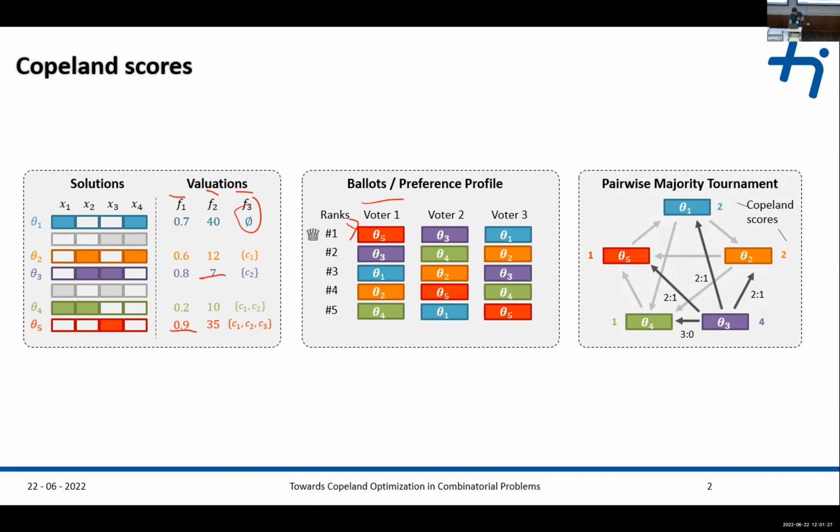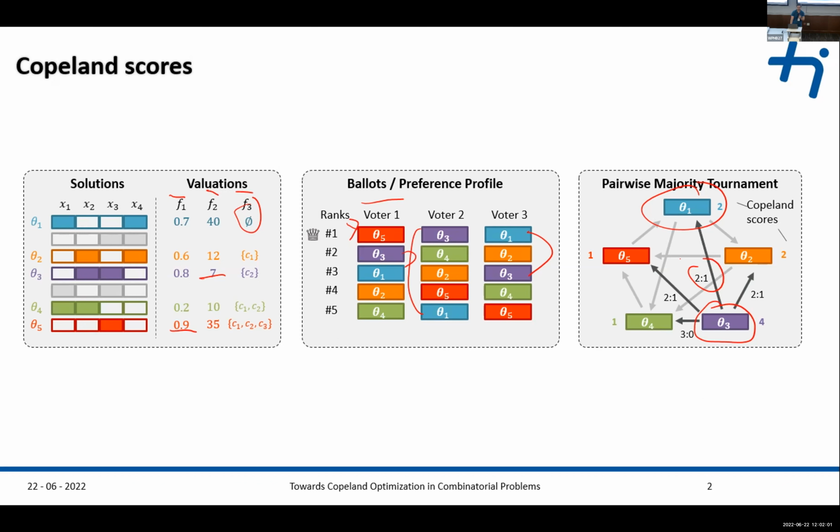So for instance, if we compare the violet one and the blue one, so theta 3 and theta 1, we see that voter 1 and voter 2 rank violet above blue, but voter 3 thinks the opposite way. So in total, violet wins by 2 to 1. And ideally, you'd like to have a candidate that wins all their duels. Such a candidate would be called a Condorcet winner, named after the Marquis de Condorcet. But in reality, that doesn't always exist.